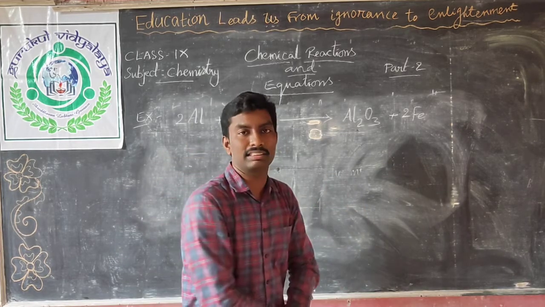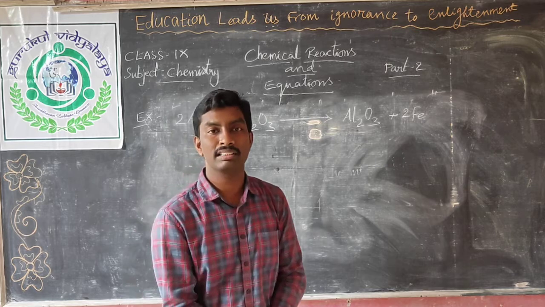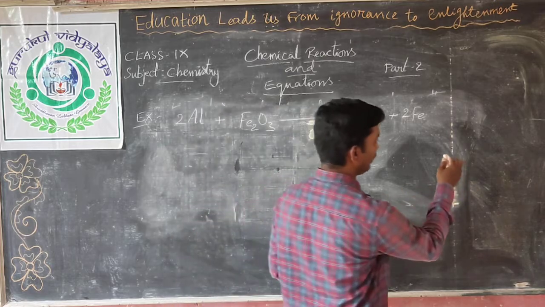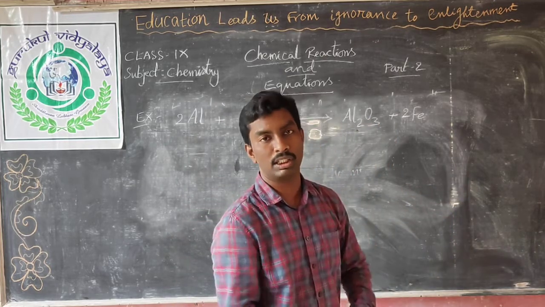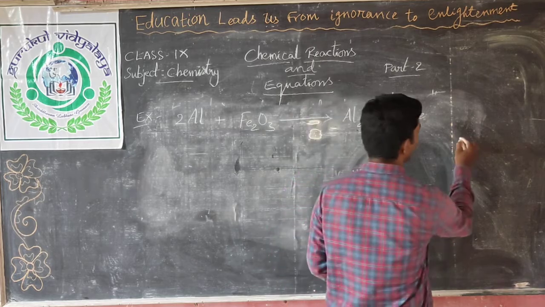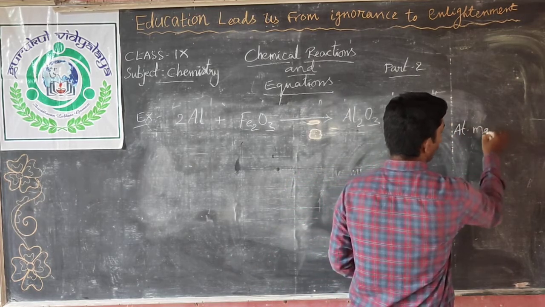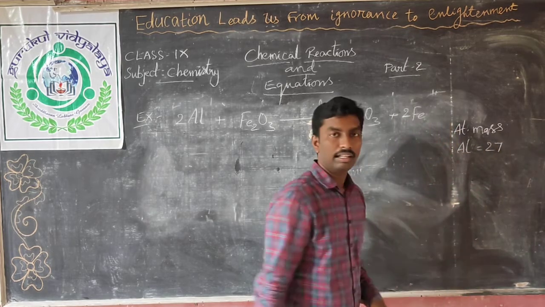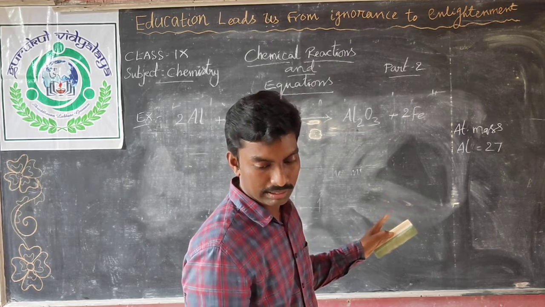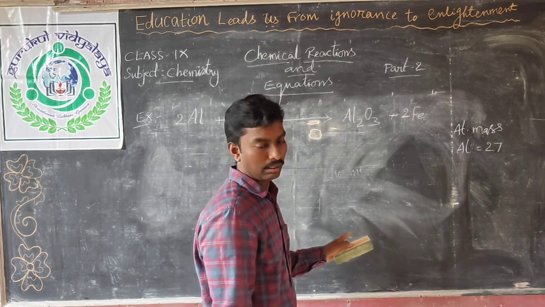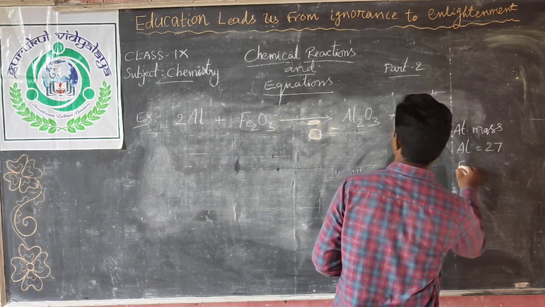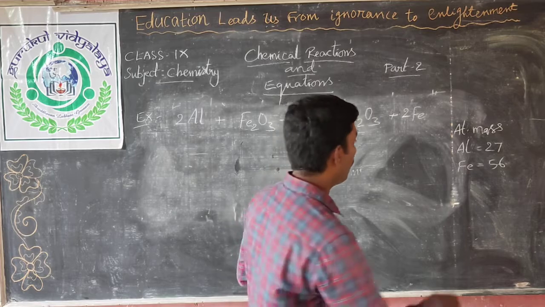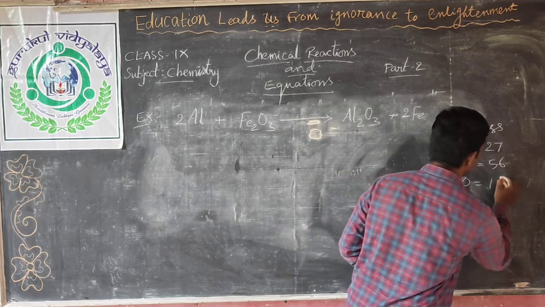To calculate the number of molecules or the molar mass in the form of unified mass or grams, let us get the atomic mass of each individual atom. We know that the atomic mass of aluminum is 27, the atomic mass of iron is 56, and the atomic mass of oxygen is 16.